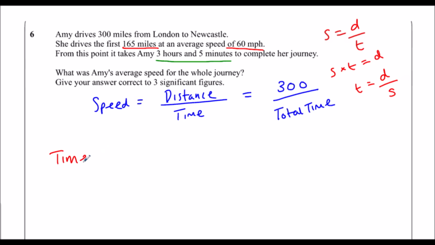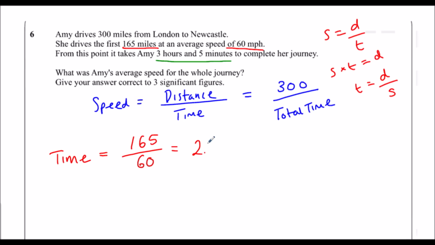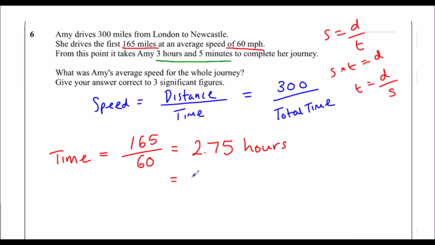So for the first part of the journey, the time is 165 divided by 60. So it's 11 over 4, 2.75, but this is in hours, since it's miles per hour. So 2.75 hours. So 2 hours and 3/4 of an hour. If we press our time button, it will tell us that's 2 hours and 45 minutes.